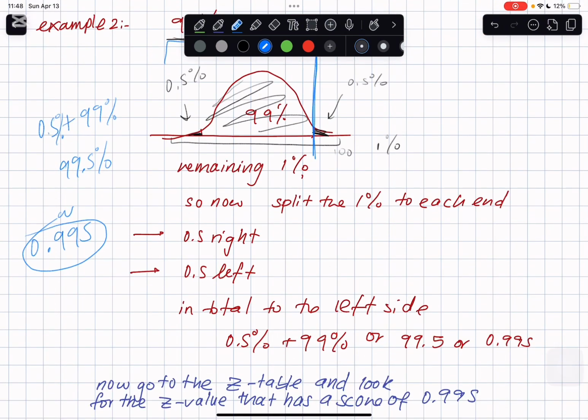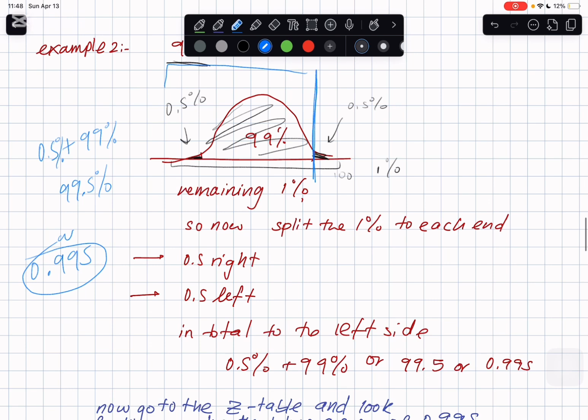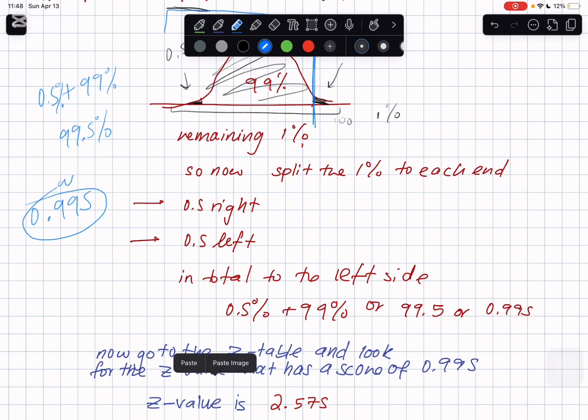Okay, and I know I keep saying the Z score, but that's because at some point when the sample size reaches 30 or above, it starts acting like the Z table. So I can just say T value, and the Z value will be the same anyway. So we're going to go to the table. Now we have the value.